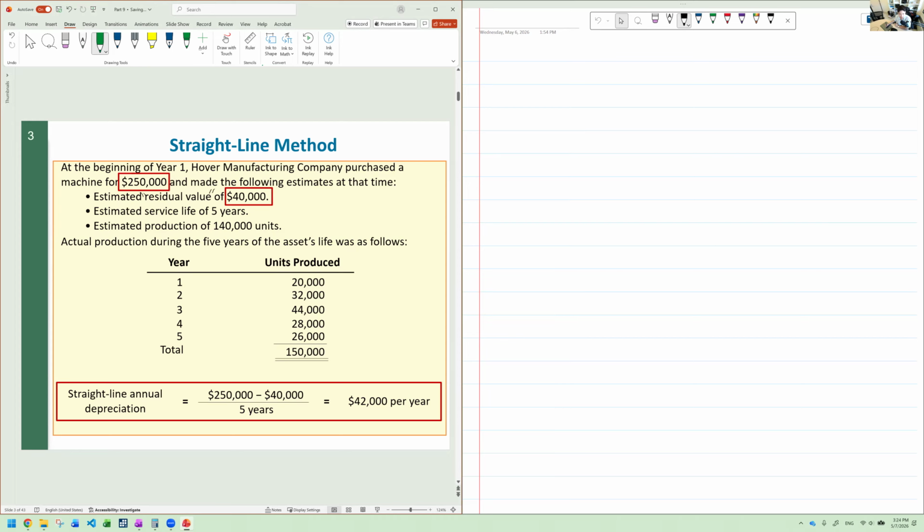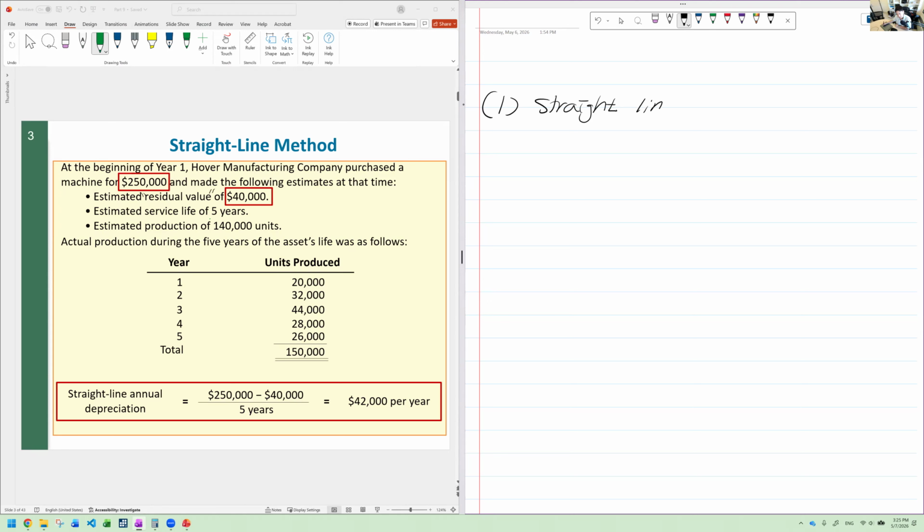Service life 5 years. What this means is that this company is planning to use this asset for 5 years. So after using it for 5 years, the company thinks that the value of the asset will decrease to $40,000.